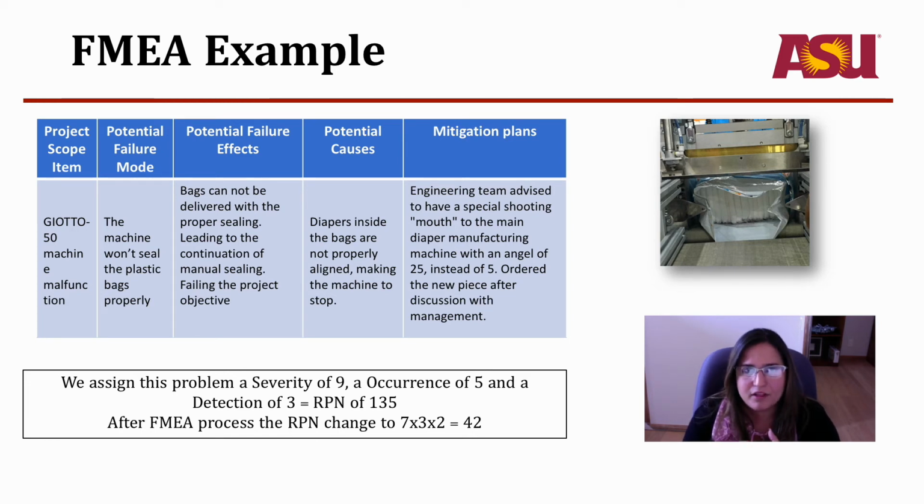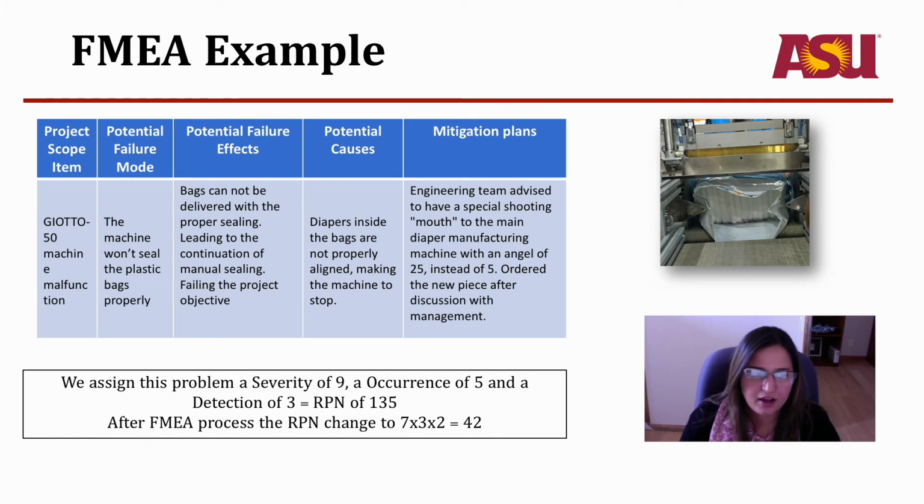I needed to go from manual sealing. We have people in Malaysia that seal the bags manually, and the goal was to go to a semi-automatic machine where the person had to put the bag in the machine and the machine would seal the bag. So this is why one of my defined failures was the machine could not seal the bag.